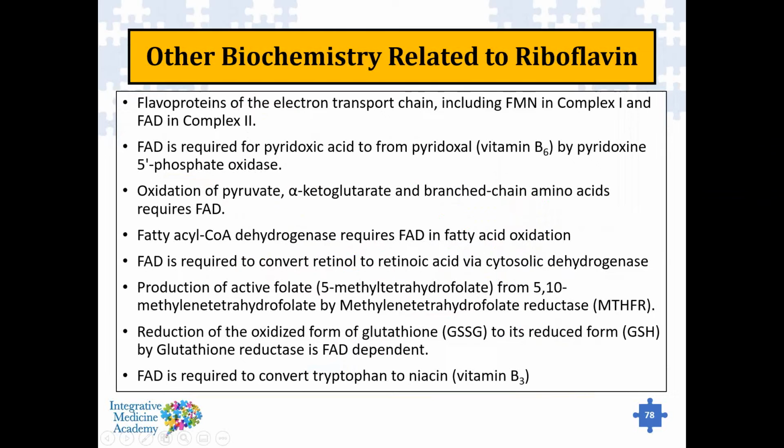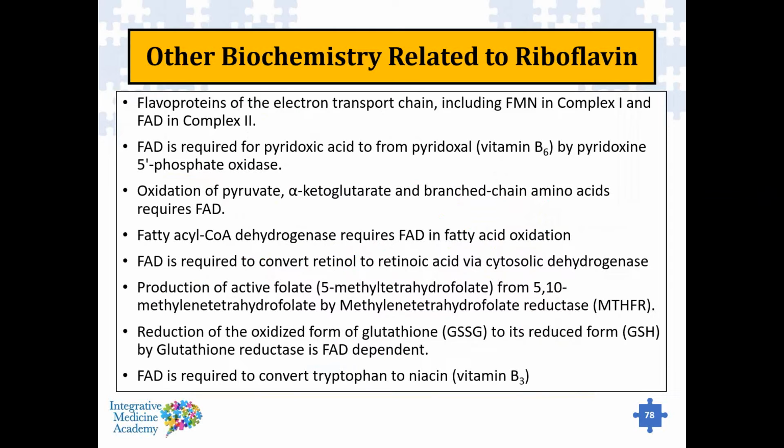And if you expand this out even further, you see just one vitamin and how many different areas it plays a role in. So it plays a role in the electron transport chain. It plays a role in activating vitamin B6. It plays a role in the Krebs cycle. It plays a role in fatty acid metabolism. It plays a role in the methylation cycle.